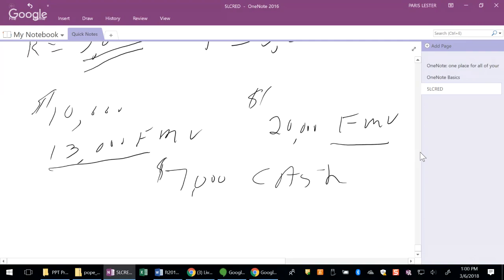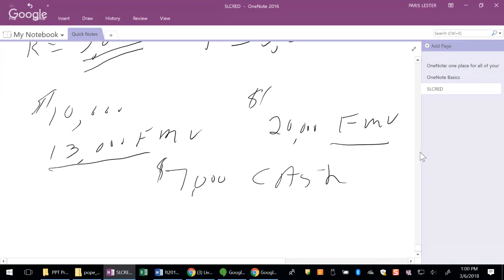Now, that is a non-taxable transaction. Fair market value for fair market value. But what is the basis of our property? That's what's important. What is the basis of the new property? What's the basis of the $20,000? First of all, what did we give up?